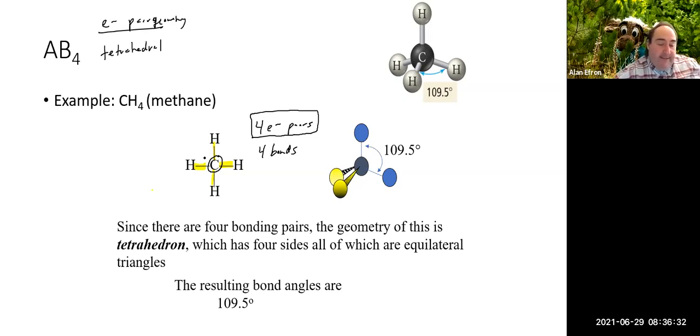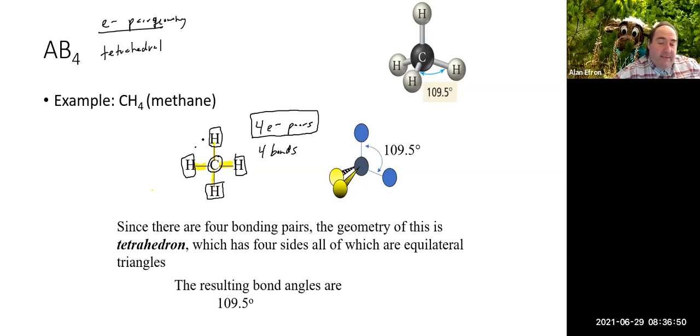So what ends up happening in this case is, again, all these electron pairs want to get as far away from each other as they can. But the difference is here, we've now instituted one atom that's bonded, 2, 3, and 4.